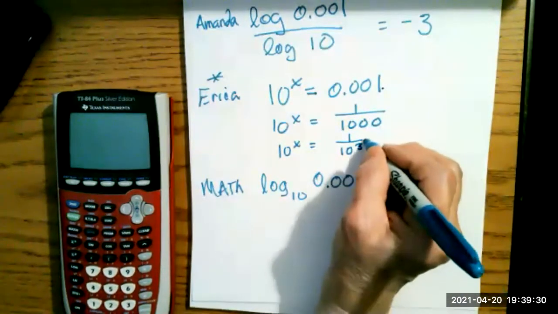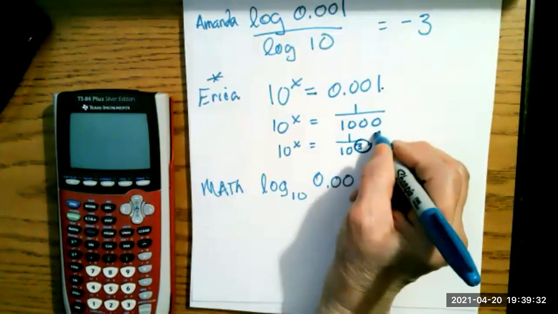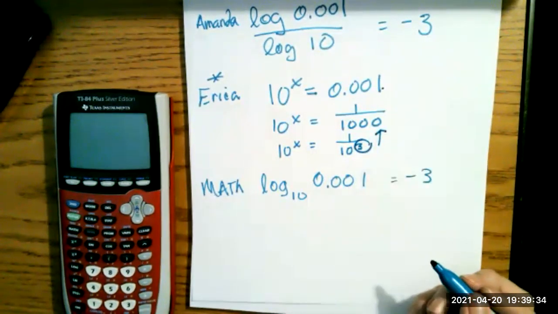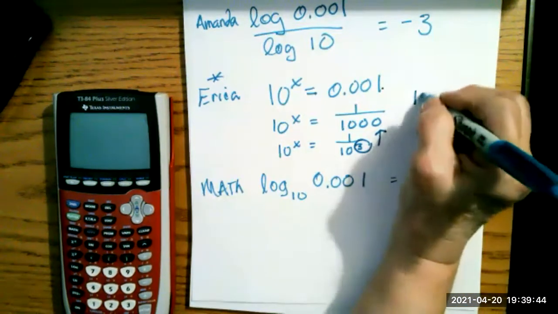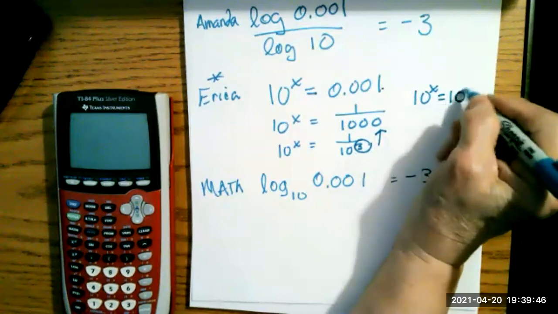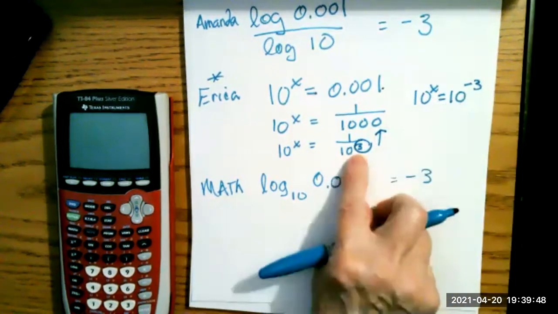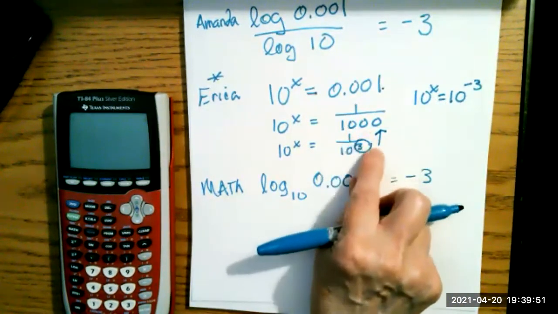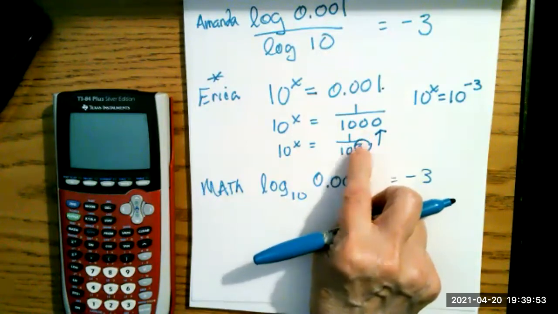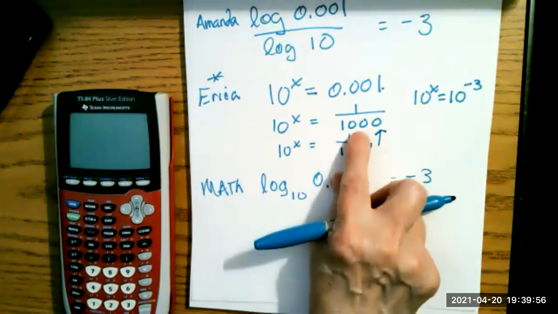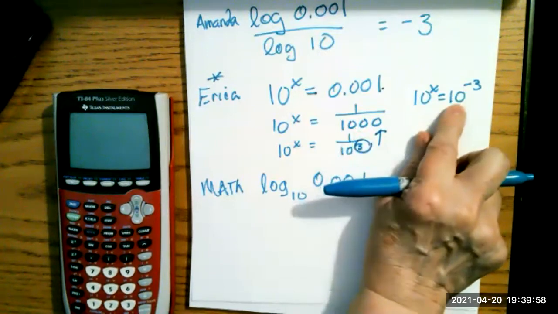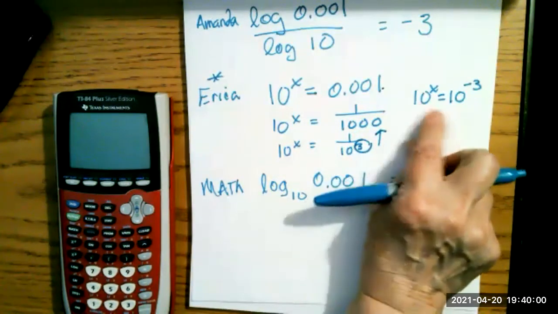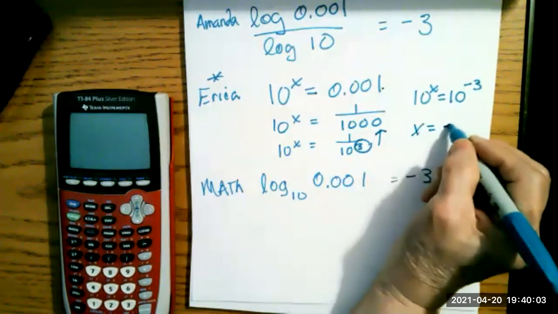If I bring an exponent from the bottom of a fraction to the top, what is that rule? That would be 10 to the -3. If I change it either from the top to the bottom or bottom to top, it changes the sign on the exponent. Now, once the bases are the same, you can set your exponents equal.